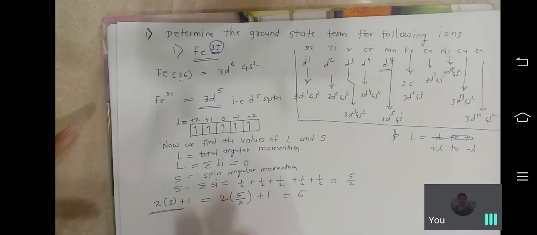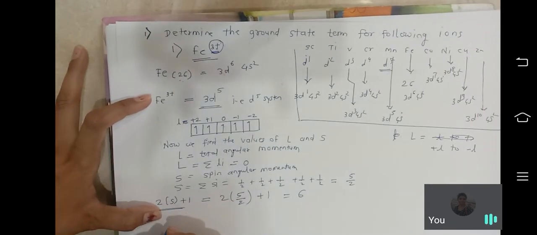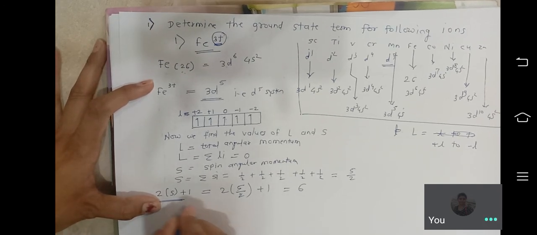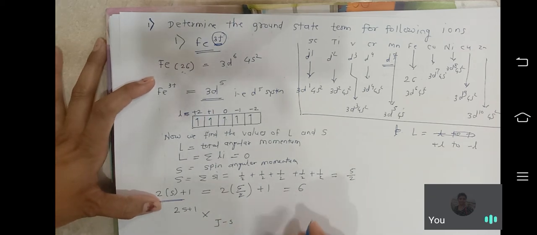What is the formula to find out the ground state term? I write the formula: 2S plus 1 x J minus S. What does J mean here?